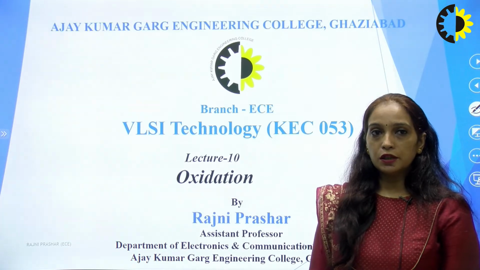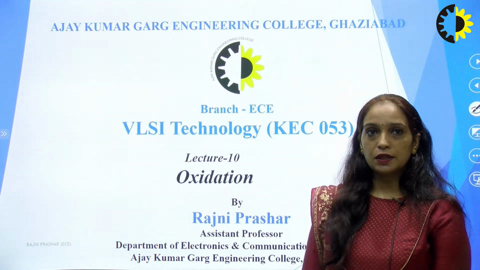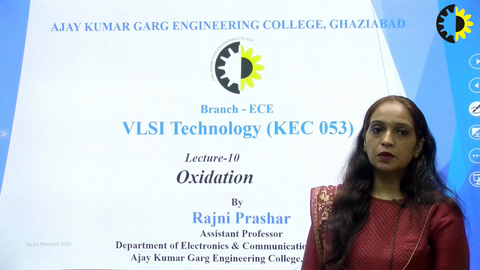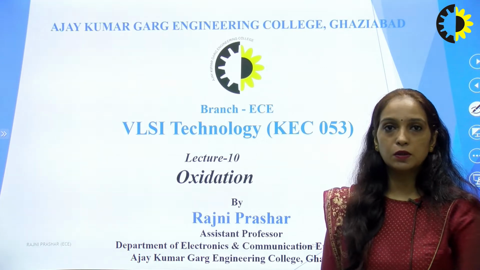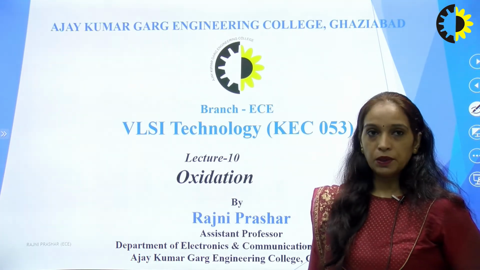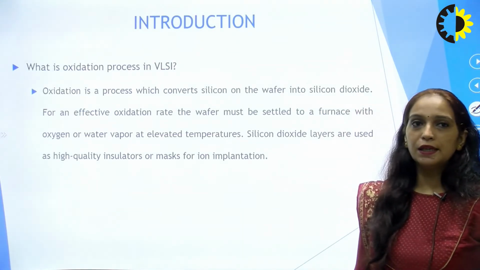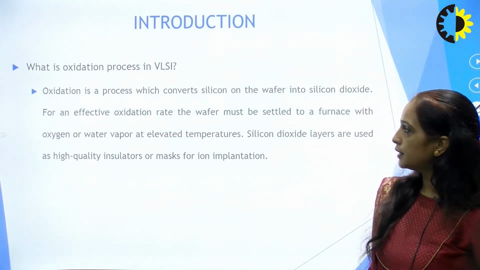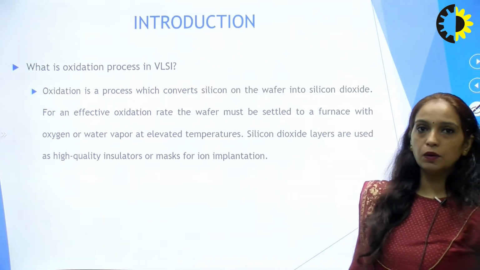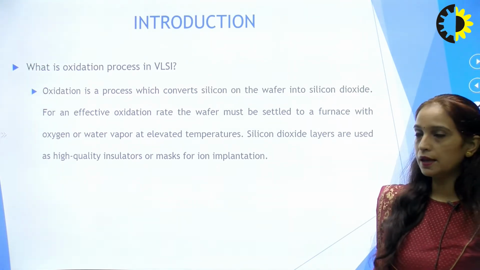In this lecture we will start with the oxidation process: what oxidation basically is, what the need for oxidation is, and how it takes place. Oxidation is a process which converts silicon on the wafer into silicon dioxide.